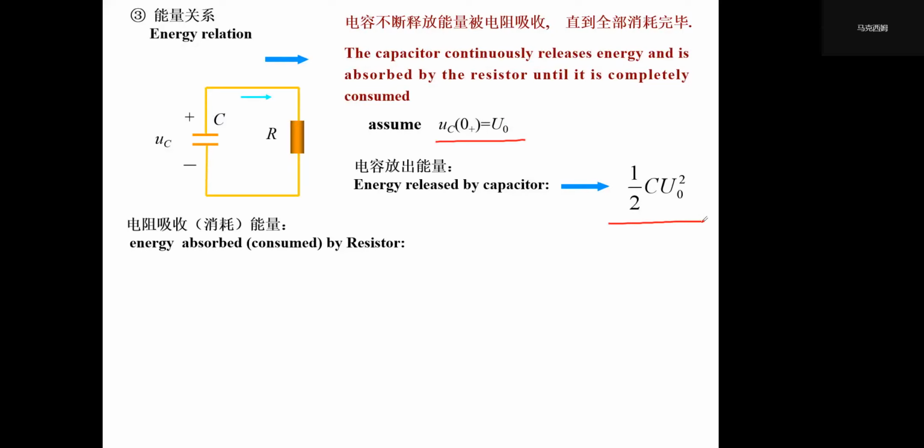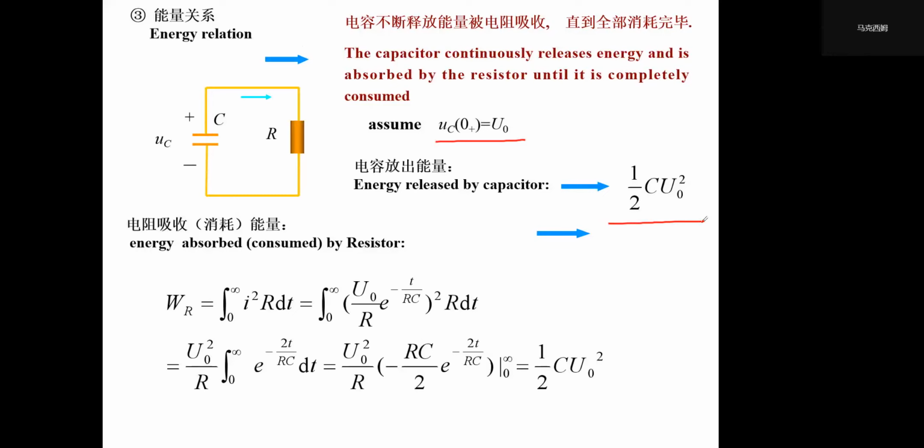And we can see the energy absorbed by the resistor. We can calculate it by using this integral. We know that i squared times R is the power, and the power's integral is the energy.